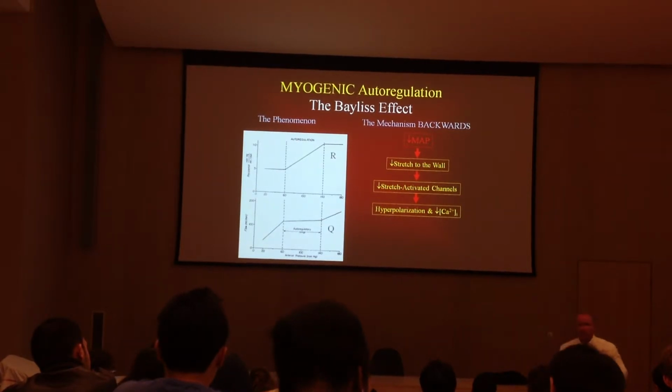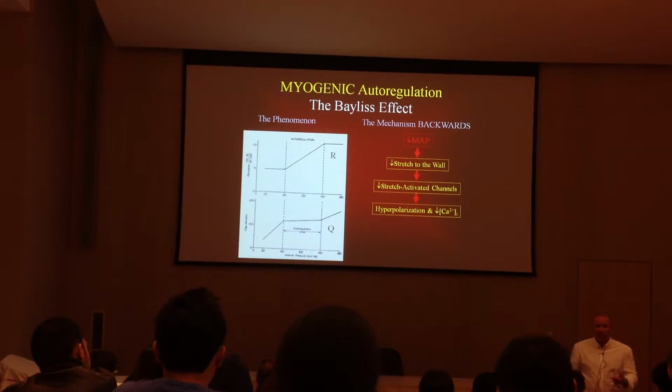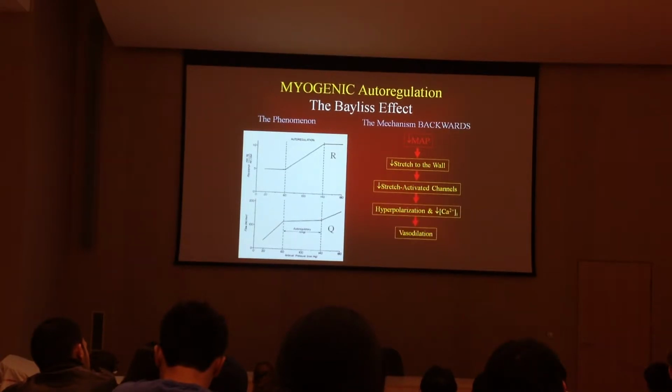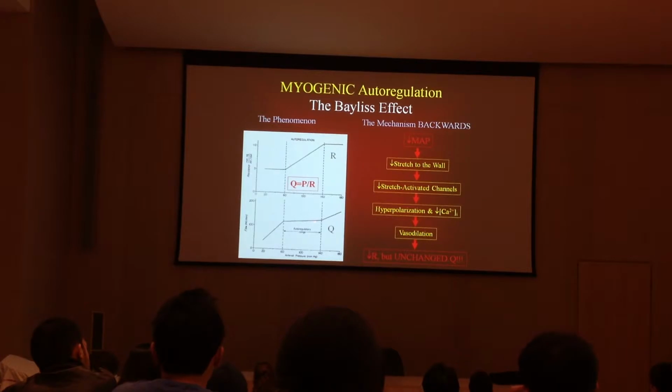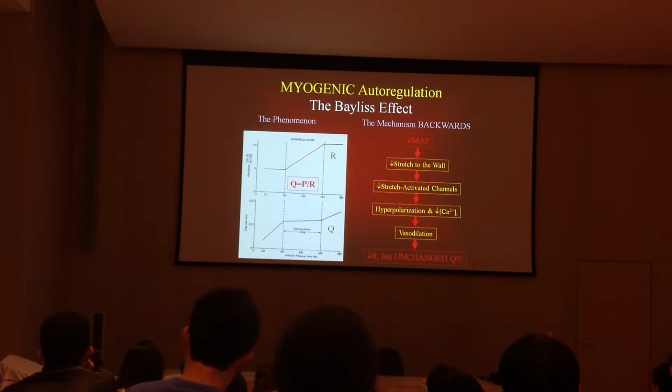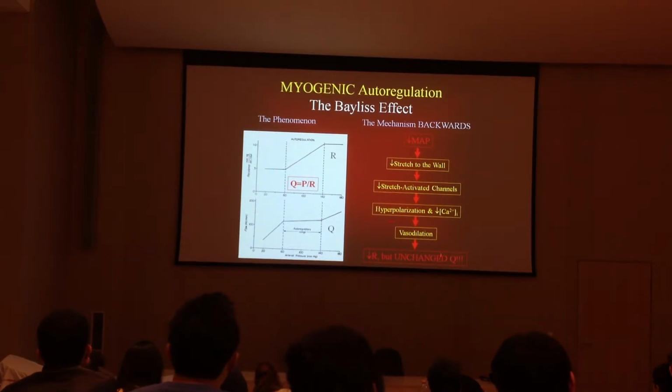What happens to your smooth muscle cell if you hyperpolarize and suppress the intracellular calcium? Of course, it starts relaxing compared to the previous situation. And this relaxation results in what? Suppression of the R. So if you're going from 120 down to 80, you are sliding down this particular slope of the resistance. Therefore, you have Q changing as well.